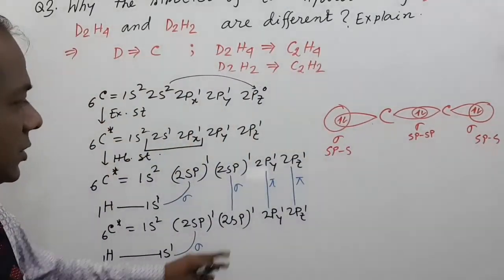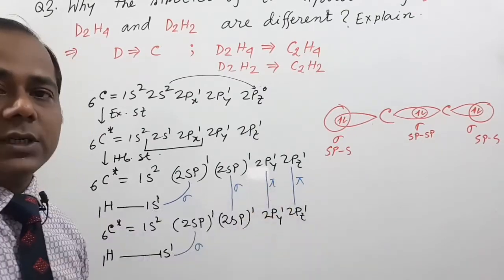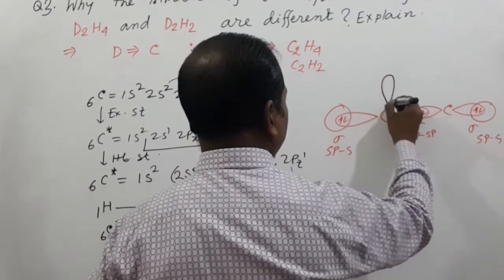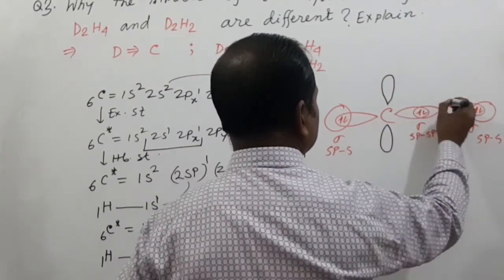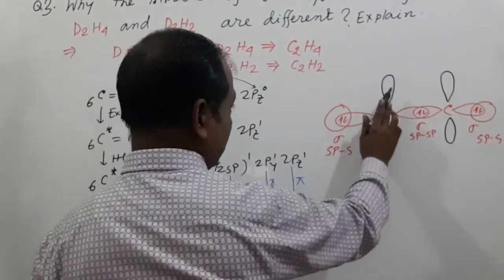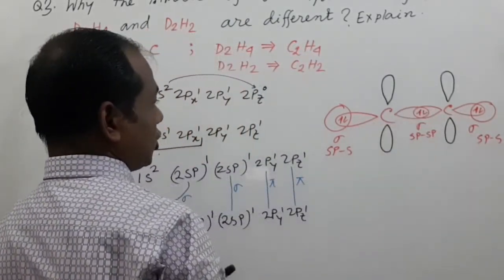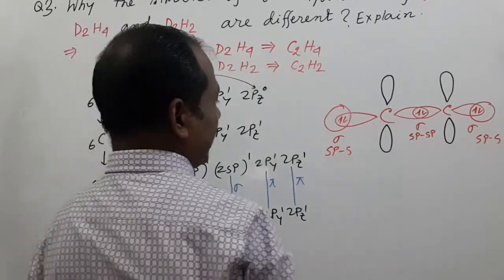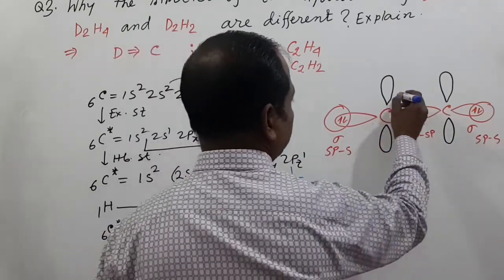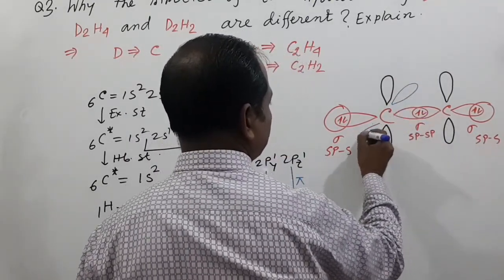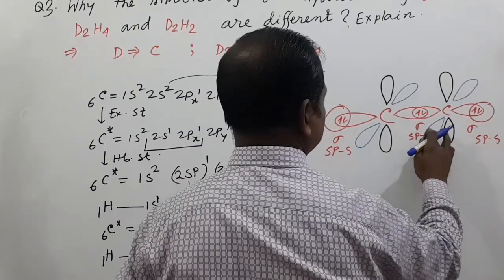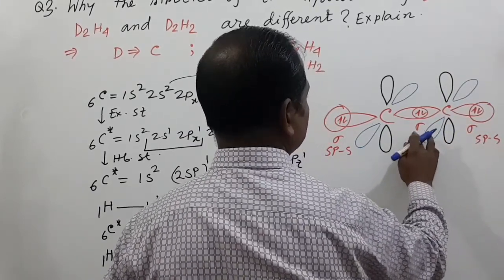Now my dear students, we can see that 2 pi bonds are present. This is the py orbital of this carbon, and this is the py orbital of the other carbon. These orbitals are non-hybrid orbitals. And this is the pz orbital of this carbon, and this is the pz orbital of the other carbon.